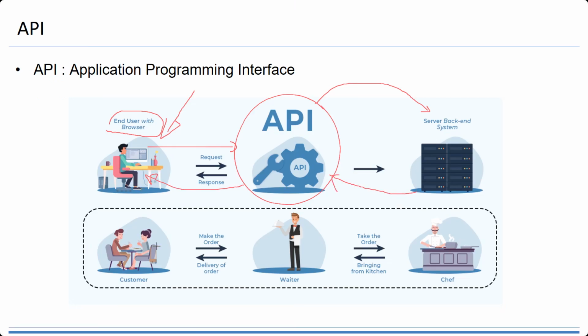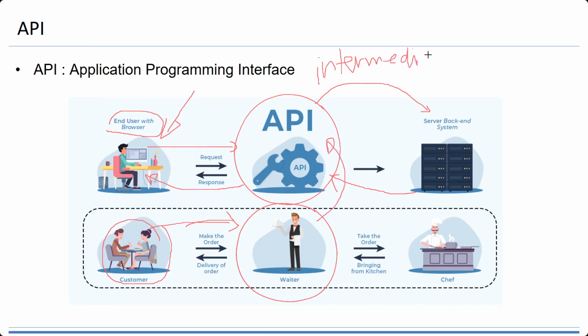So for example, if you are a customer and then you want to make an order about food in the restaurants, so you can make the order and then you have the intermediary who is the waiter. Now we want to change the role of the waiter with kind of tools. So we can say this is the intermediary.